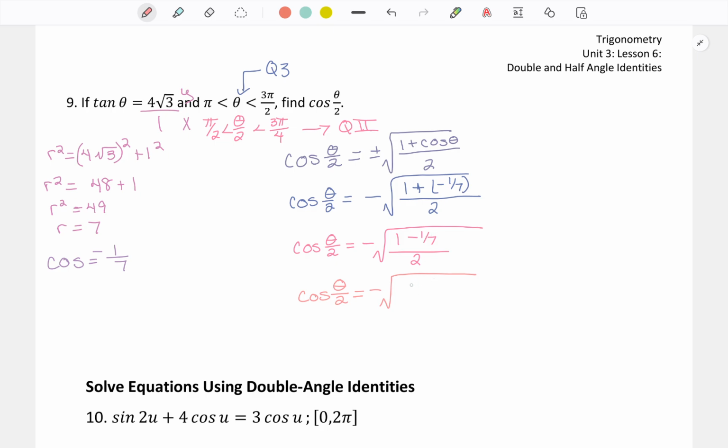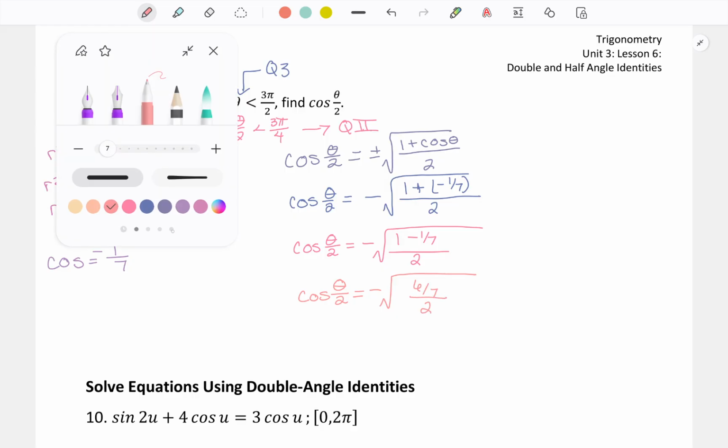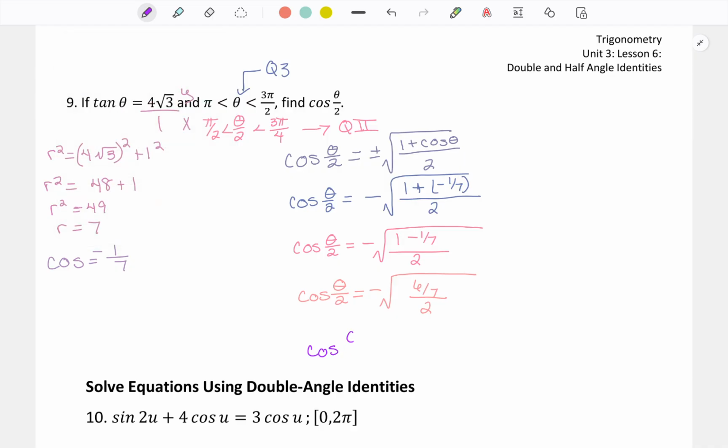So that is going to be 6 over 7 divided by 2. So we have the cosine of theta over 2 equals negative square root of 6 over 7 times 1 over 2.